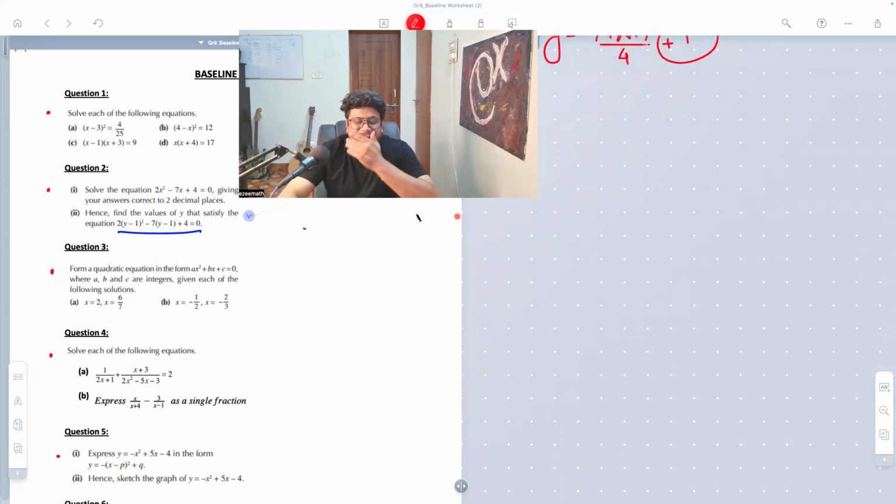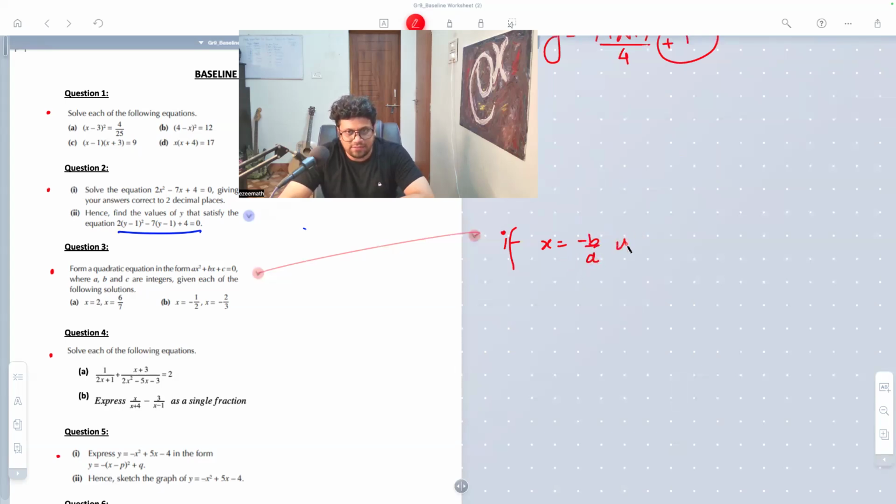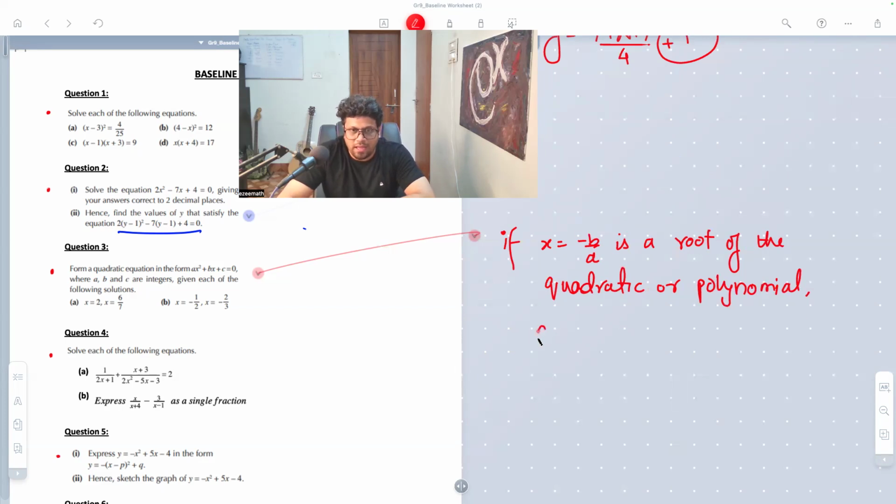Now, for the third question, I've got a very simple formula here, a very simple approach. If x equals negative b by a is a root of the quadratic or any polynomial, ax plus b is a factor.